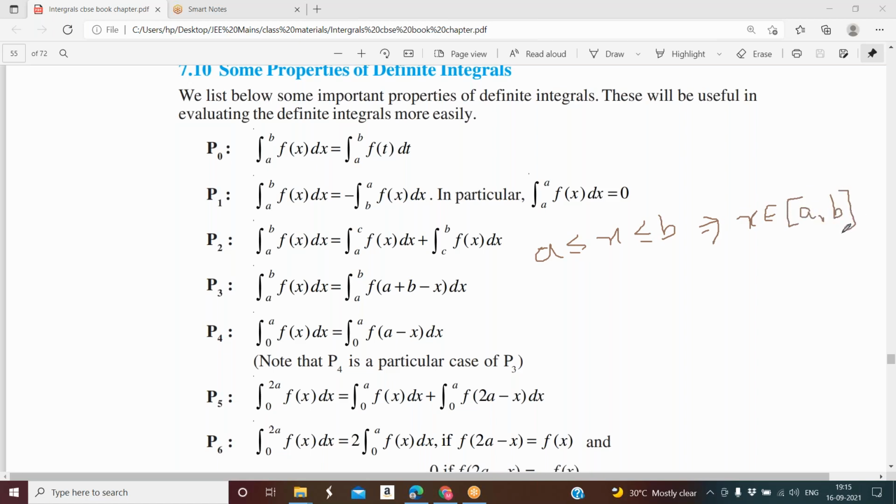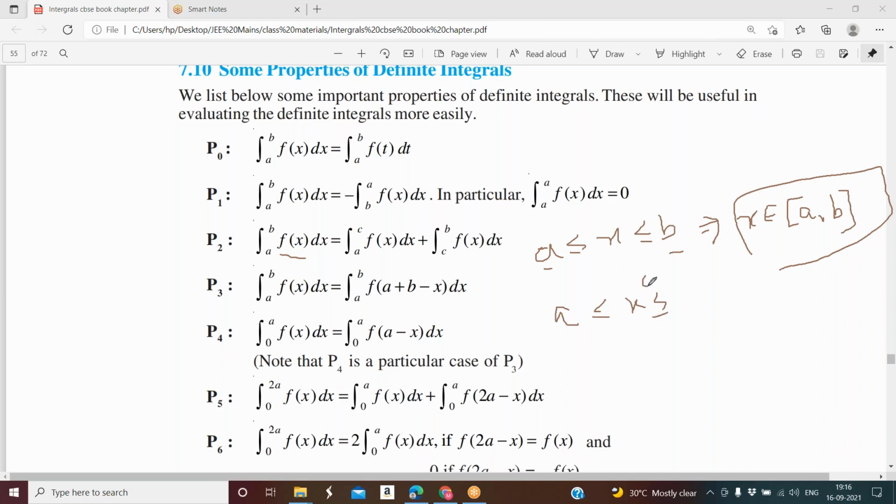Here my integrand is f of x, and x belongs to the closed interval a comma b. Therefore, we have a less than or equal to x less than or equal to b. The meaning of this is that x lies between a and b. A is the lower limit and b is the upper limit.